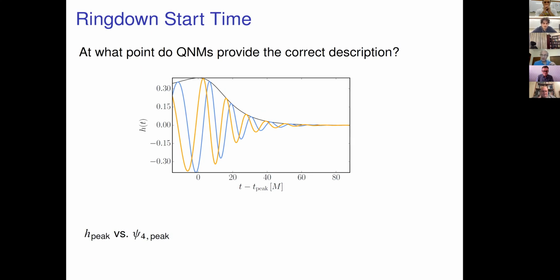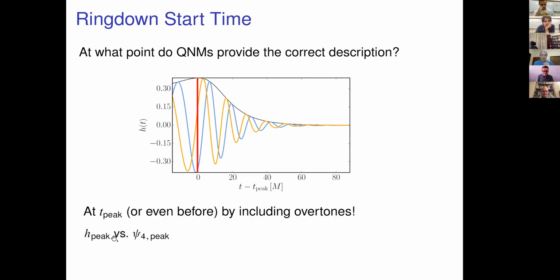And you have to be precise here, because it makes a difference whether you're talking about the peak of psi4 or the peak of h. Remember, they're related by two time derivatives. We're going to talk about the peak of h, and that's actually earlier than the peak of psi4. All right, and the surprising answer is you can actually do this.